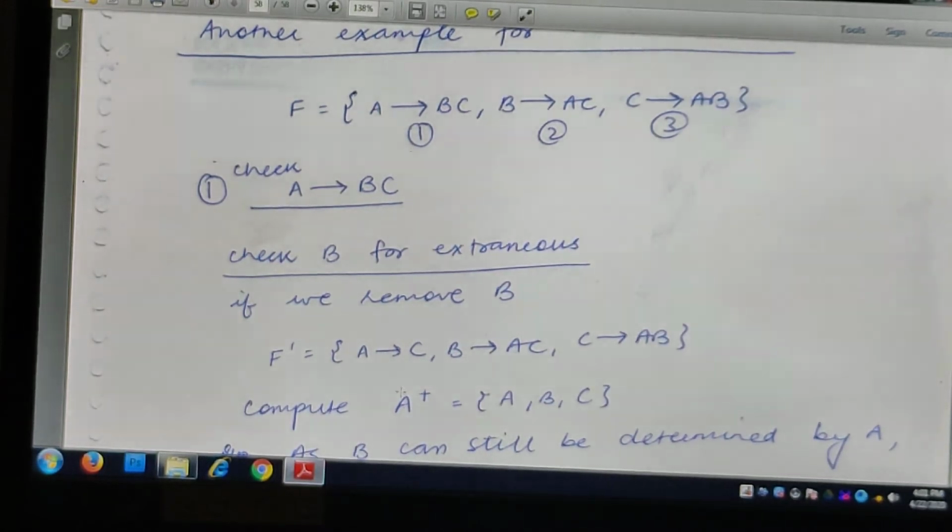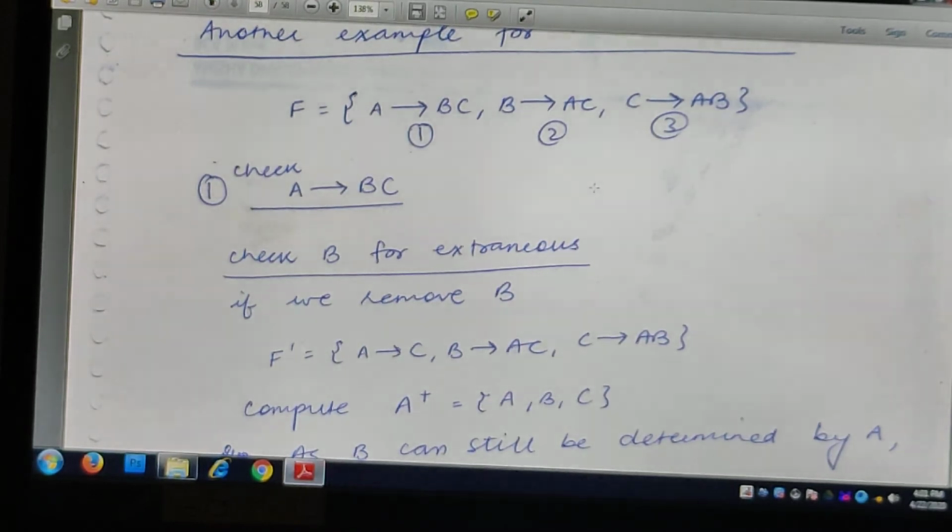Now compute the closure. What you have to check is that the closure should remain the same for all the attributes. It should not change even after removing the attributes. If the closure remains the same, it means that we can easily remove the extra attributes. Now you see, if I calculate the closure of A, it is A to C. A has A and C itself.